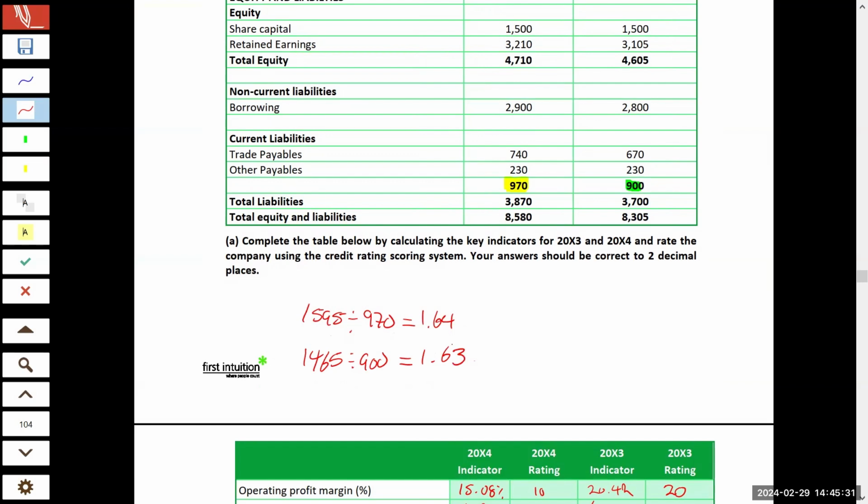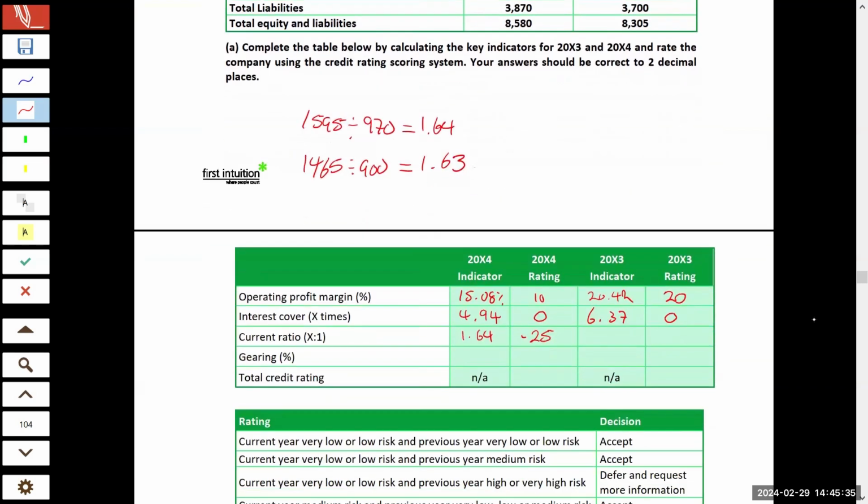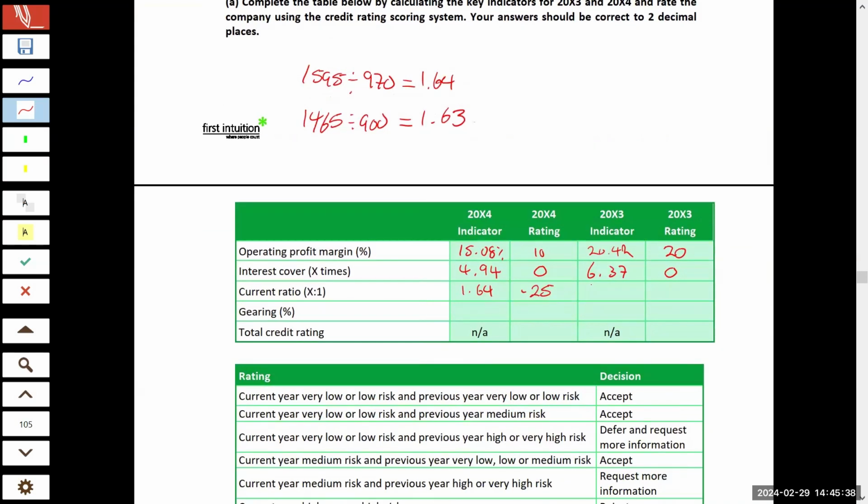That gives me a total of 1.63. So let's put it in, 1.63. And again, I know that it's also going to be minus 25 based on the scoring information that I have just seen. I'm now left with the gearing ratio.